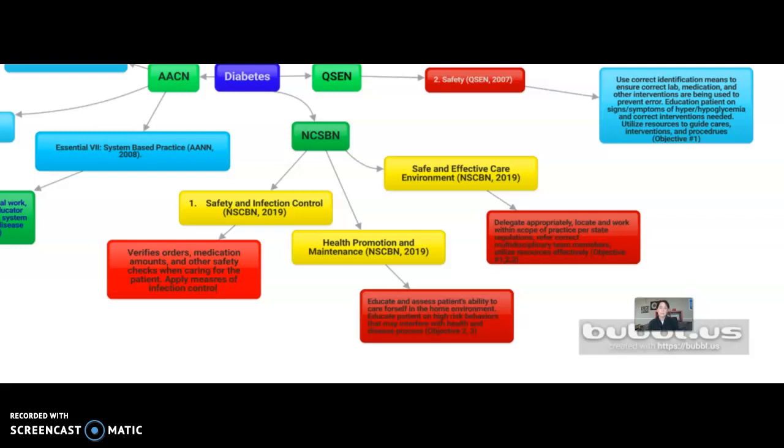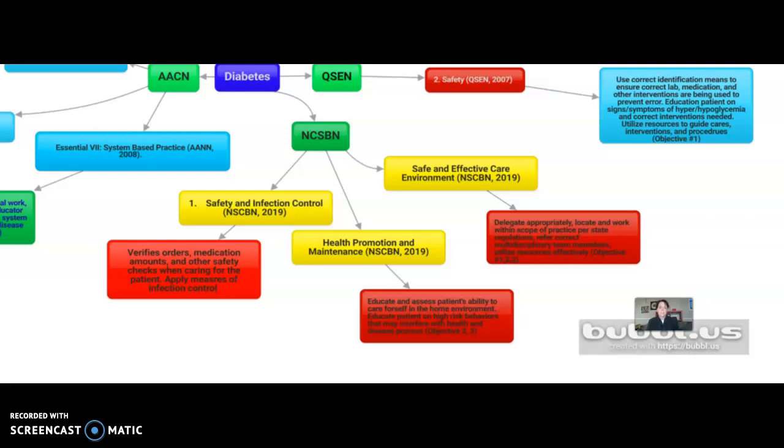So that would come through assessing your patient, doing a thorough H&P, reading through physician's notes, reading through social worker notes, working with case management, and just working with the patient to identify these high-risk behaviors and to try and do education and provide written and verbal education to the patient in order to eradicate these behaviors so that the patient could improve their quality of life. And the final one is safe and effective care environment.